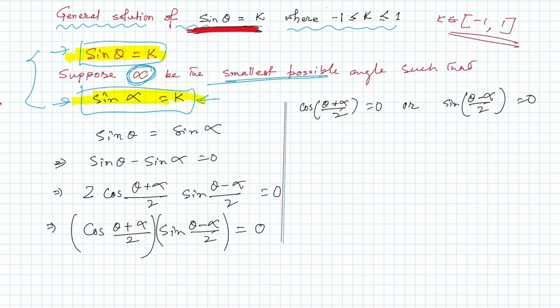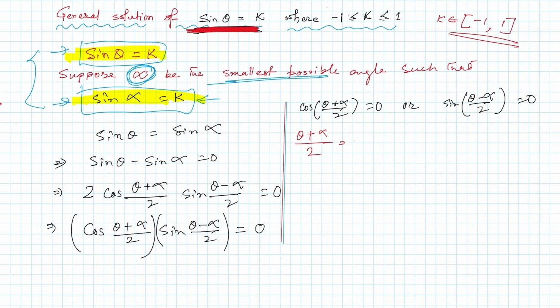Now if you consider this (theta plus alpha)/2 as a whole theta, then what is the general solution of cos theta is equal to 0? You remember that the general solution for cos theta is equal to 0 was twice n plus 1 into pi by 2.